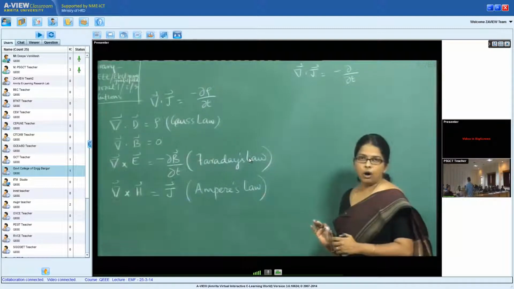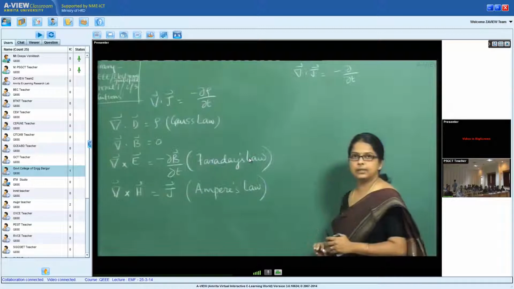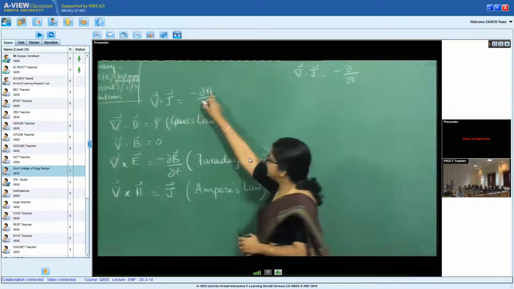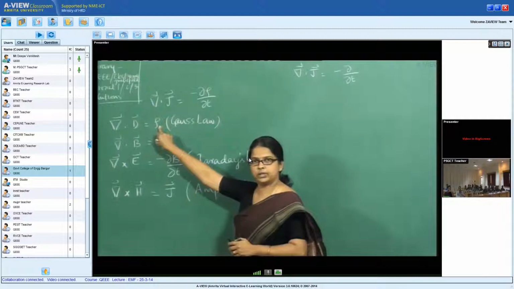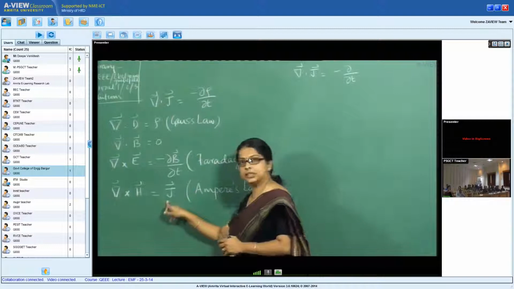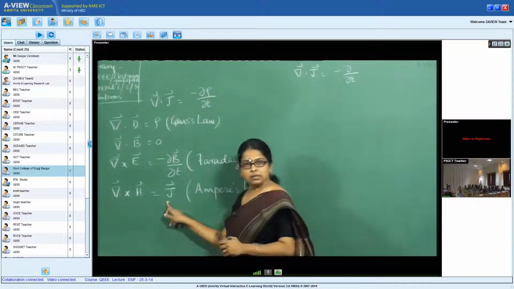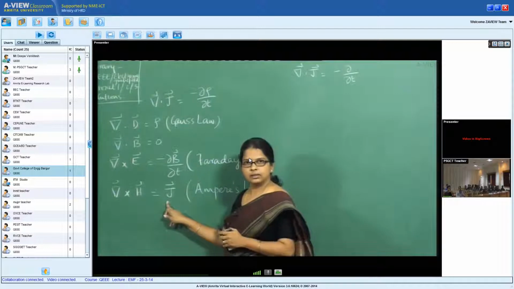Now if all these equations have to be satisfied simultaneously, the rho that I refer to in this equation should be the same as the rho that I refer to in this equation. The J that I refer to in this equation should be the same as the J in this equation, which means all these have to be consistent with each other, right?